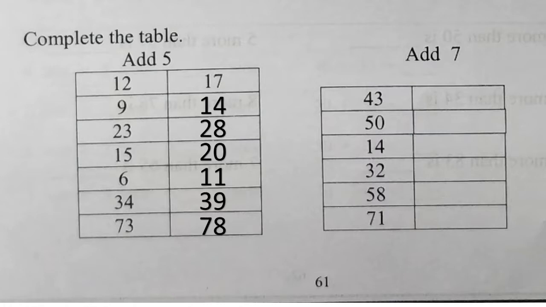Now we'll go to the second table. Here you see on the top they have given add 7. So here to all the numbers we have to add 7.